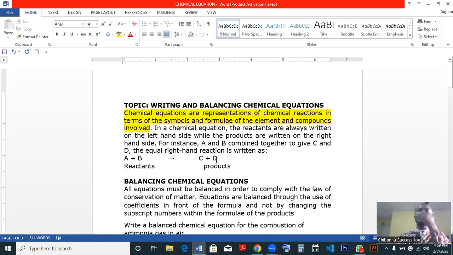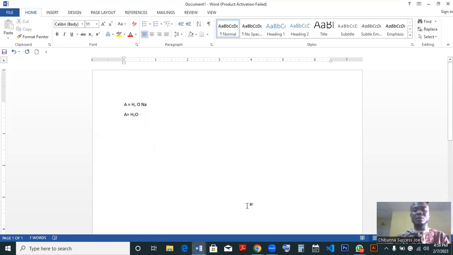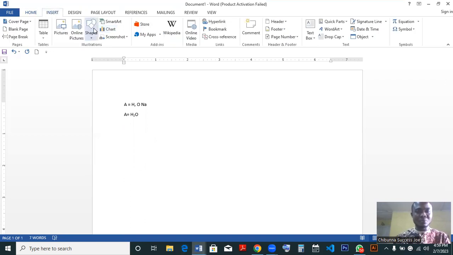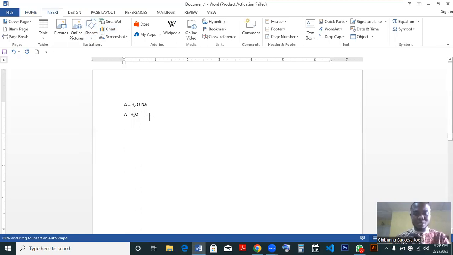This is the standard way of representing a reaction. But in some cases, a chemical equation has a double arrow, where one points to the product and the other points to the other side. For instance, something like this.